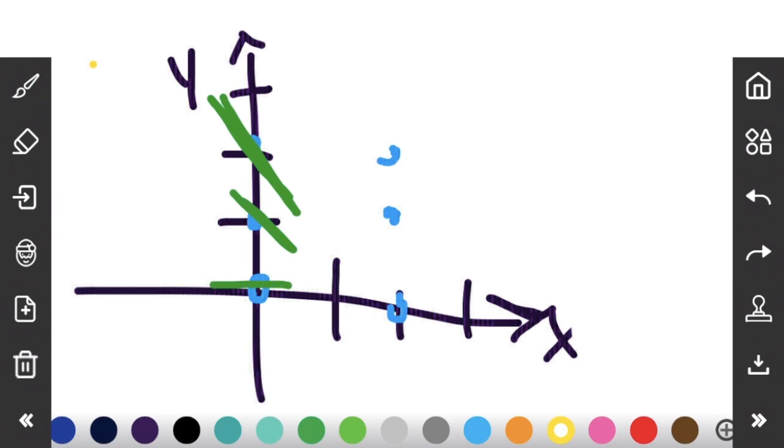So we'll go 2, 0. It'll be 0 squared over 2 minus 1, so it's going to be 0.